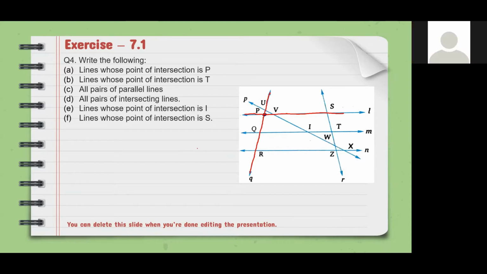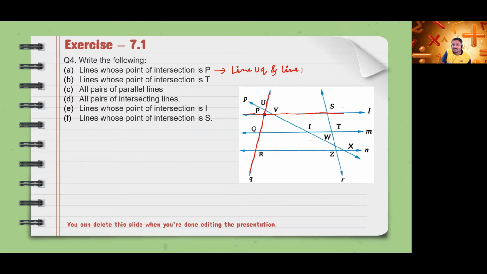Yes, sir. So what will be the answer for this? It will be line UQ and line PS. Okay. These are the two lines for which the point of intersection is P. Is it clear to everybody? Yes, sir. Okay.